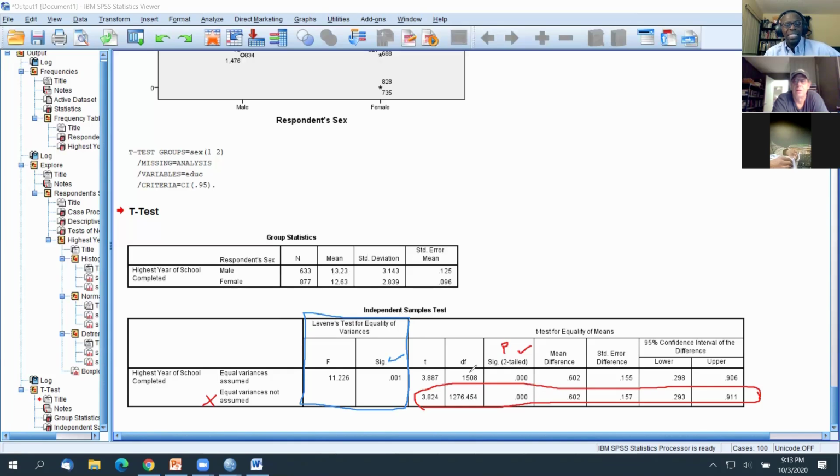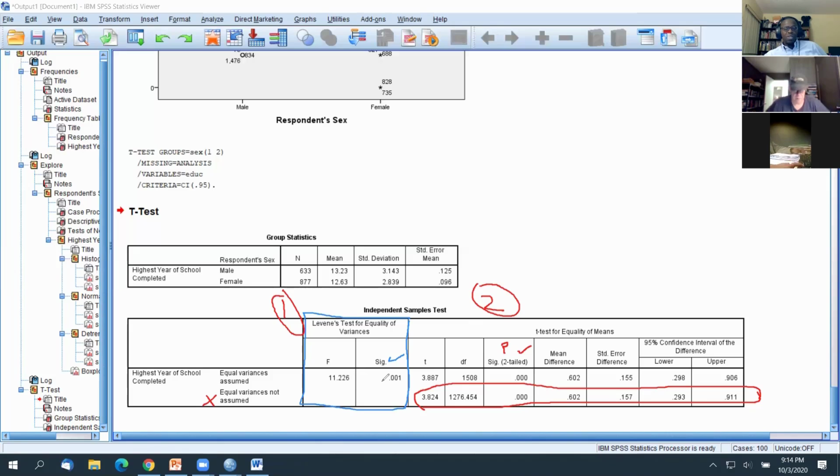So this is how we actually perform and interpret the independent samples t-test. Does that make sense? Does anyone have any questions? So first we start here. So we say 1, and then we go to 2 over here. Step one is you figure out what Levene's test of equality of variance is saying by going here.